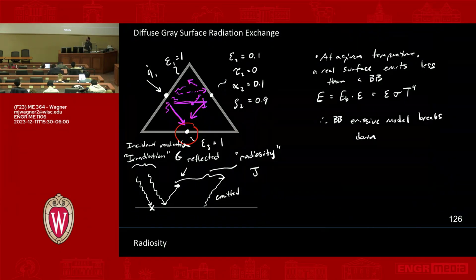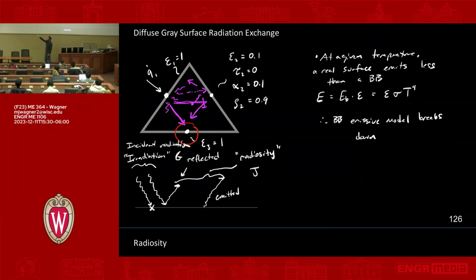Why is that? Because what we're trying to do in a black body model is relate the emissive power, this potential between two nodes, in terms of EB.